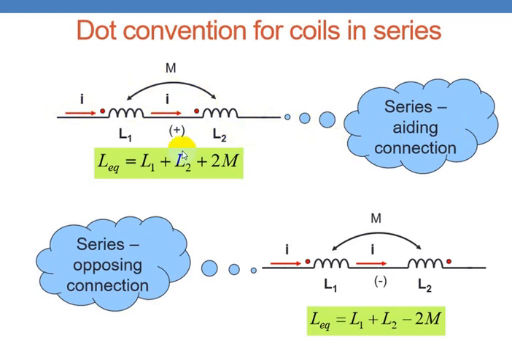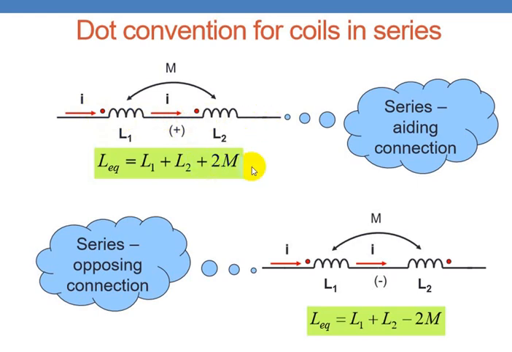So now the equivalent inductance will be equal to L1 plus L2, and here you have to either add or subtract this mutual inductance. In this case you have to add, right? If the current is entering into the dotted terminal in both the coils, or current is leaving at the dotted terminal in both the coils, you have to use a positive sign.